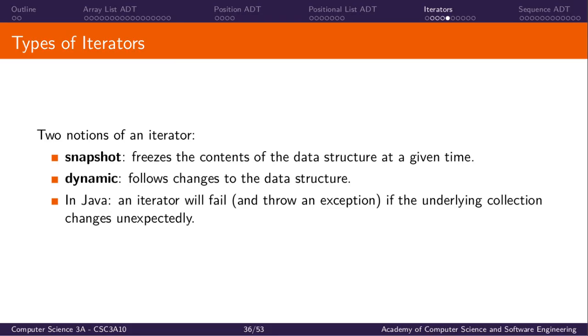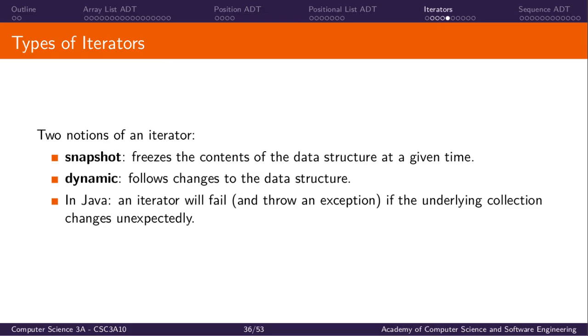Whereas a dynamic one follows the changes of the data structure. So for a dynamic one, we'd want to use a linked list rather than an array, because then we're always just calling what's the next position in our data structure, so we'd still be able to keep track of any changes. However, Java does not account for that. And so in Java, if anything changes in the data structure that we create an iterator over, then the iterator will fail.